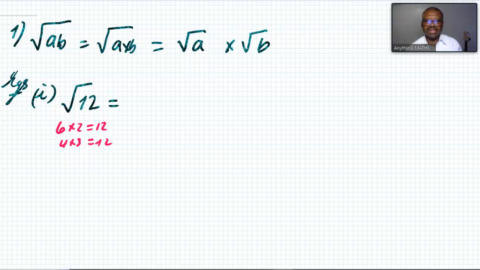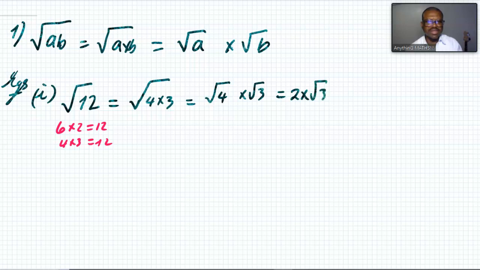As a result, we can write root 12 as root 4 times root 3, which is 2 times root 3, and eventually you get 2 root 3. If we had used 6 times 2, we would not get that.